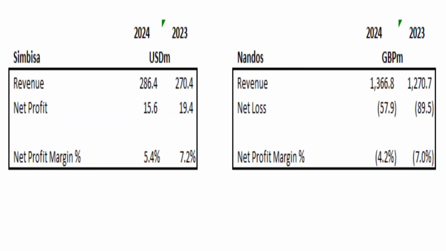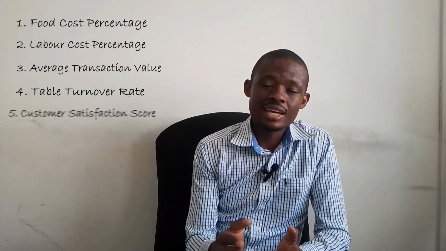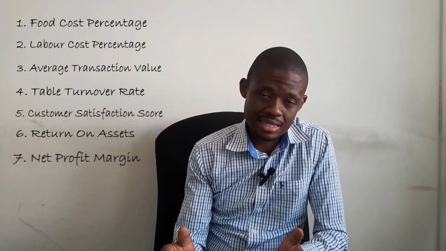Simbisa Brands' net profit margin was 7.2% and 5.4% respectively for 2023 and 2024, whilst Nando's Holdings had a net loss margin of 7% and 4.2% respectively. By understanding and optimizing these metrics, you can improve your profitability and hence your long-term success.